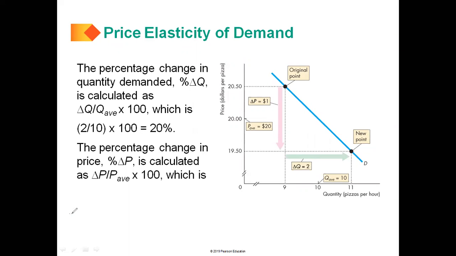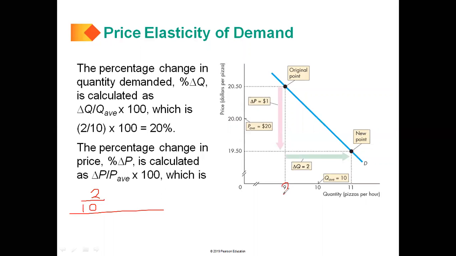So we have a formula here, and on the top is the percentage change in quantity demanded. Well, that is 2, it changed 2 over 10 because we use the average. And it's important that you realize how I got that.